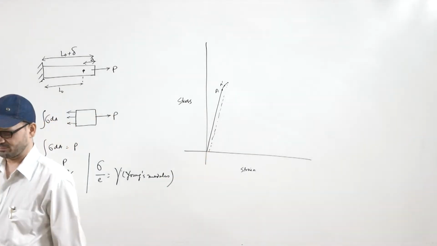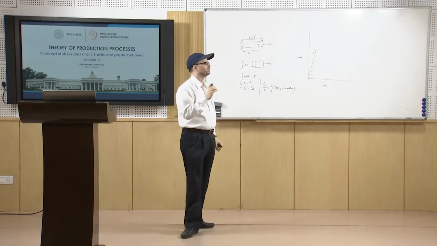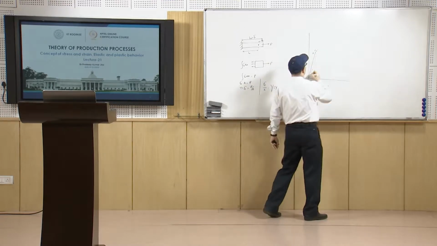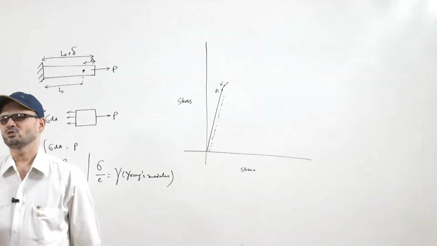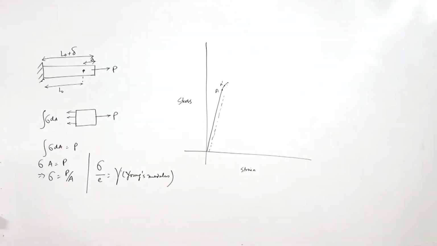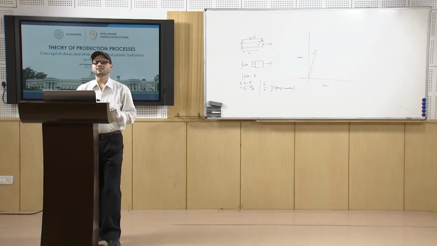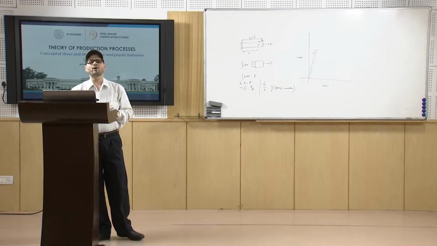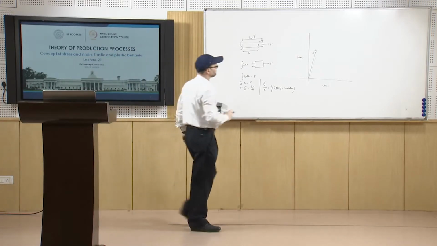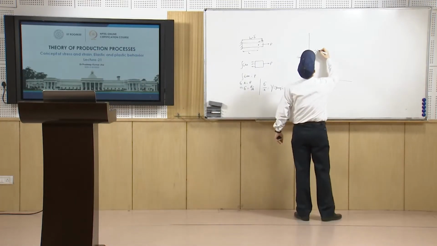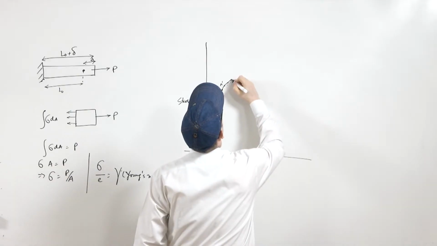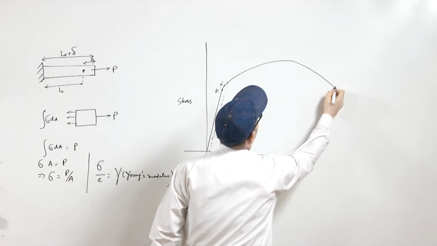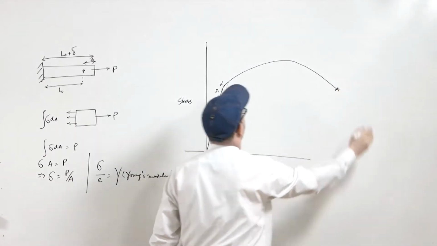Depending upon this value, you call this point the yield point, depending upon a certain specified value. So, B will be your yield point, and after that the deformation continues, and this way it fractures here.